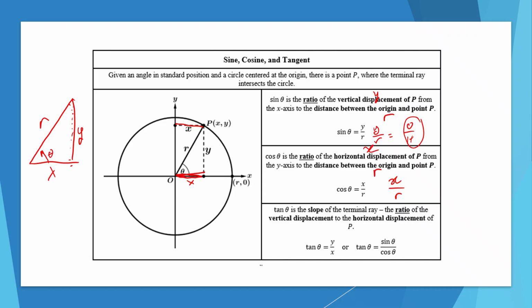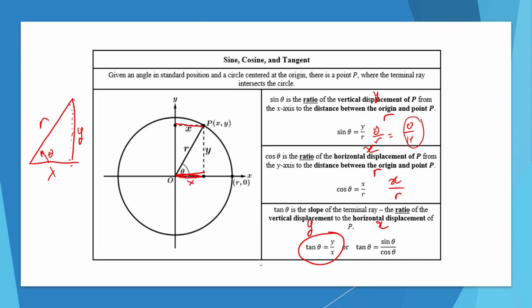Tangent, likewise, is going to be the slope of the terminal ray. Or let's take a look at the ratio first. The ratio of the vertical displacement of P to the horizontal displacement of P. The vertical is going to be y, and the horizontal will be x. So it's just going to be y over x.